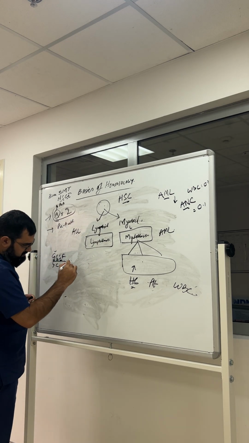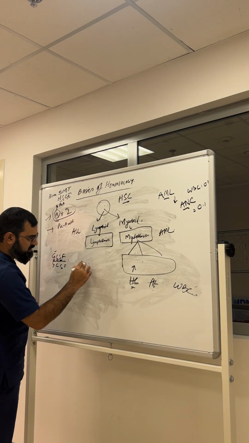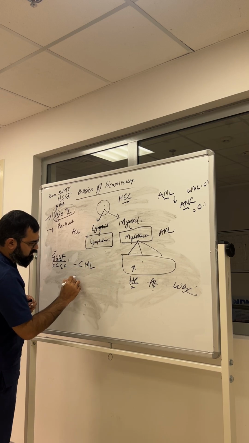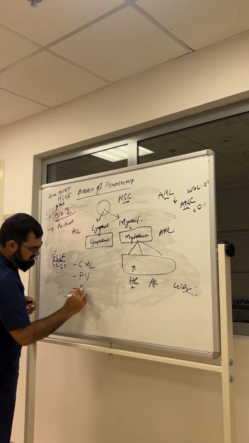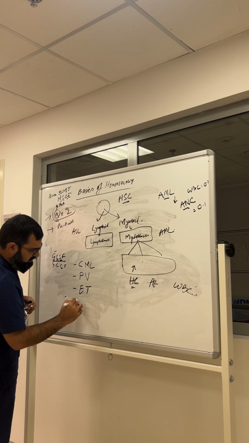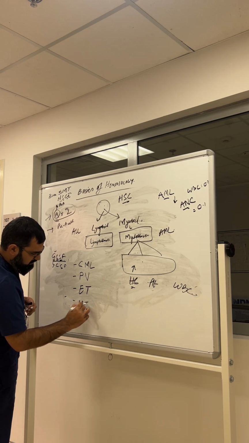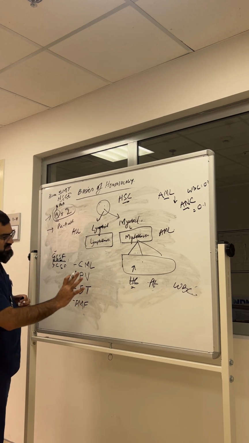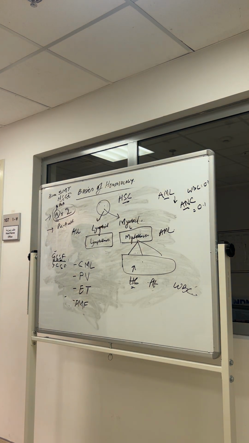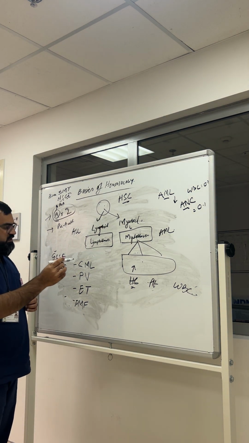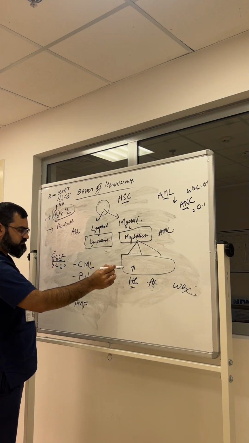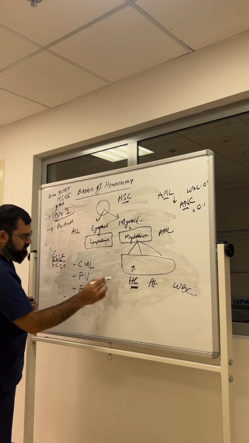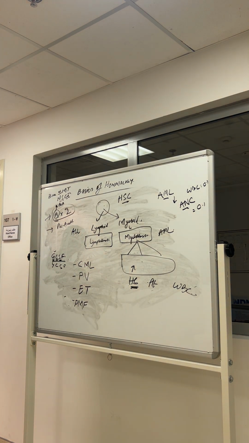Okay, I'll give you options. You have CML, you have polycythemia vera, you have essential thrombocythemia, and you have myelofibrosis. These are 4 chronic disorders. So let's do it for hemoglobin. Which one of them is the problem which we see with hemoglobin?